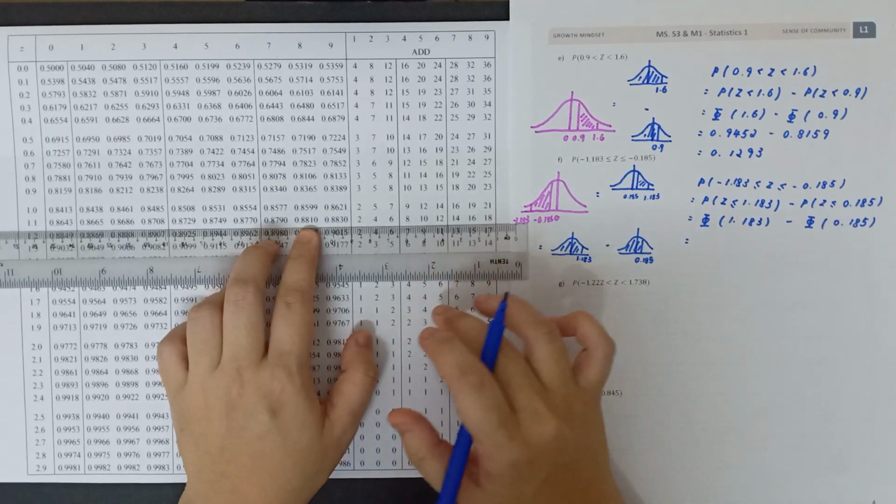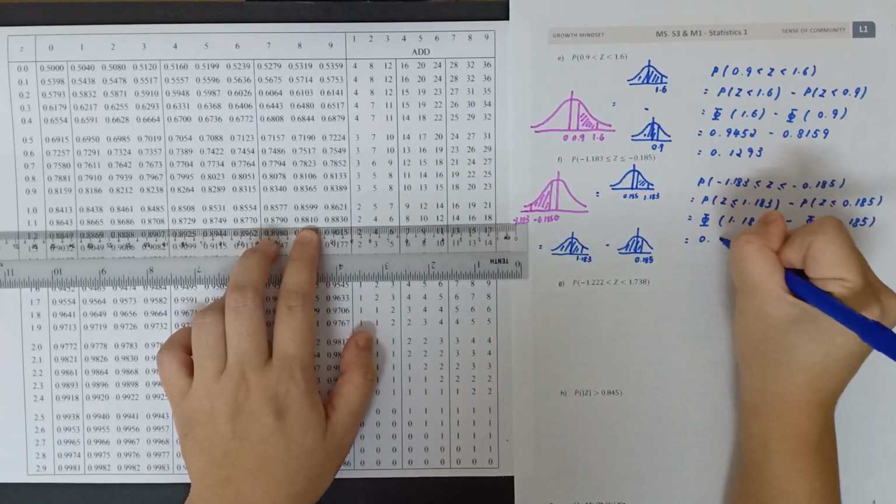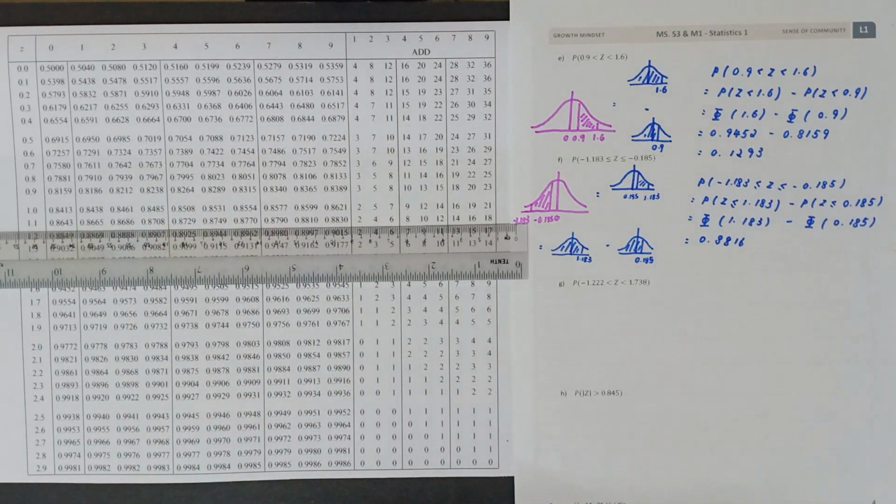I see this number, then I look at the 3, then I know that I need to plus 6, then I know that my answer is 0.8816. It's not necessary for you to really write it down, but sometimes when you do mental calculation, there might be some careless mistake, so you can just write it. But if you can straight away find it, then it's totally fine also.